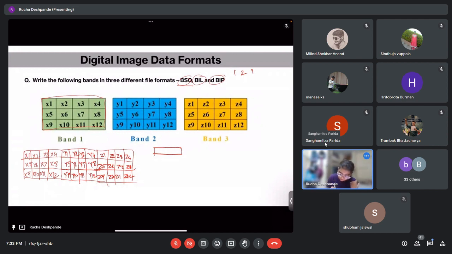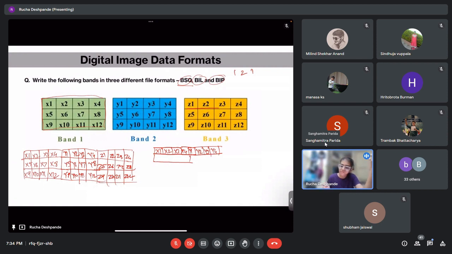Suppose first line x2, x3, x4. Then we will have the first line from the second band, y2, y3, y4. Then the first line from the third band, and so on. So in this case, all the lines are taken first.